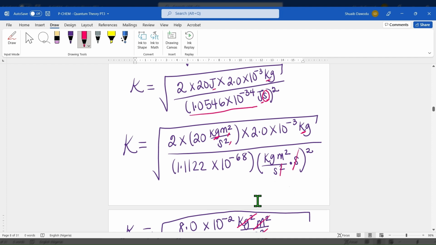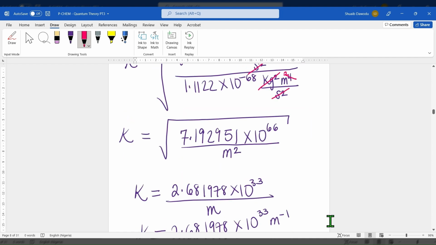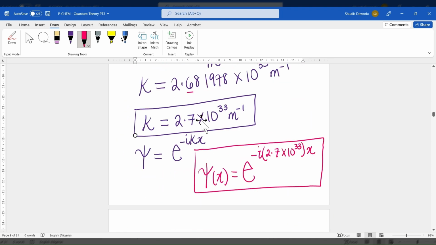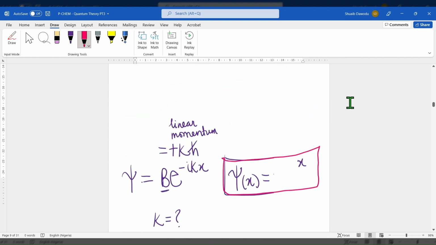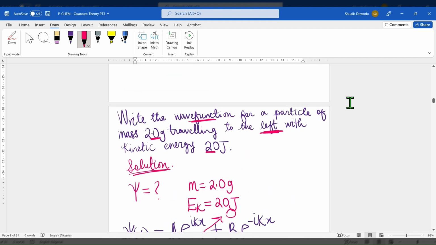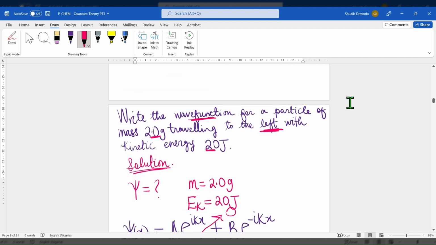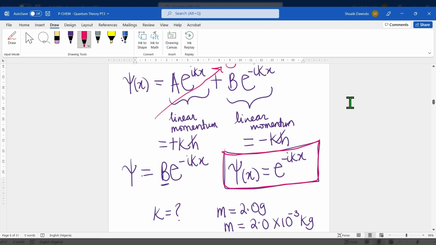We determined the value for k, and we have to substitute that value for k in order to have the proper wave function. And of course, the wave function equals e raised to the power of negative, because from what we were told in the question, the particle is going towards the left. So yeah, that's basically it.